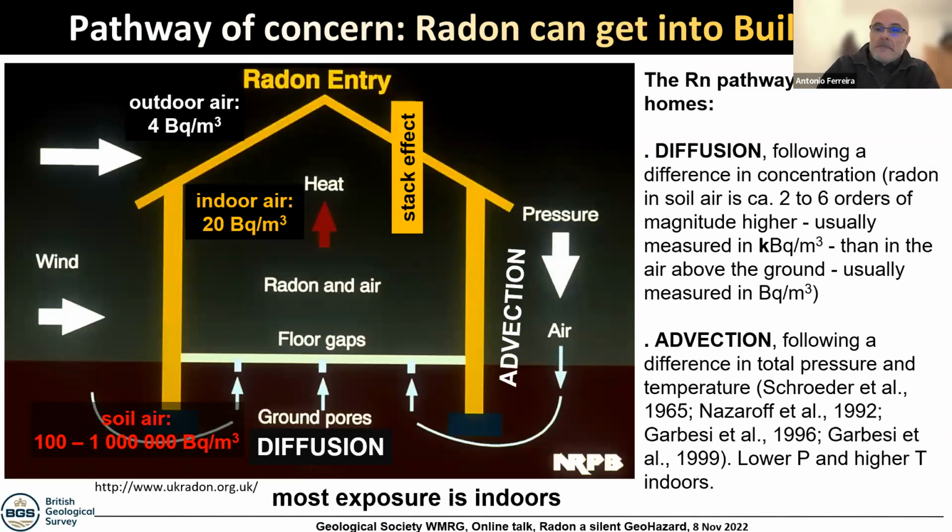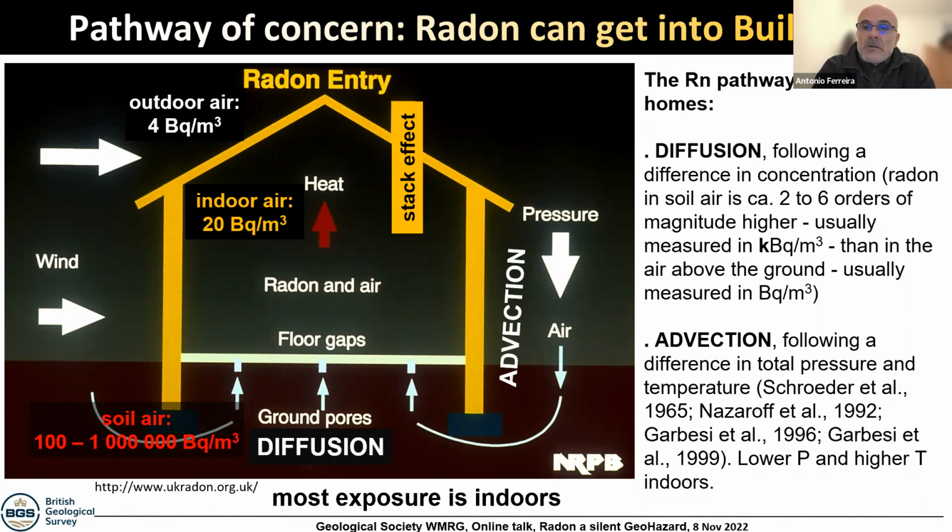While in the soil, the pathways of radon gas complicate as it becomes sensitive to weather conditions. Radon outdoors quickly disperses down to harmless levels, while concentrating in confined spaces such as mines and caves, but also in buildings. Radon gets into buildings by diffusion, following a difference in concentration.